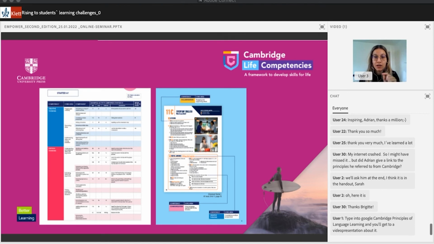As you can see, it's maybe a little small, but everything is clearly mapped out for you. This brochure can be downloaded for free from our website. And we also have a bunch of other material, such as activity cards and so on.